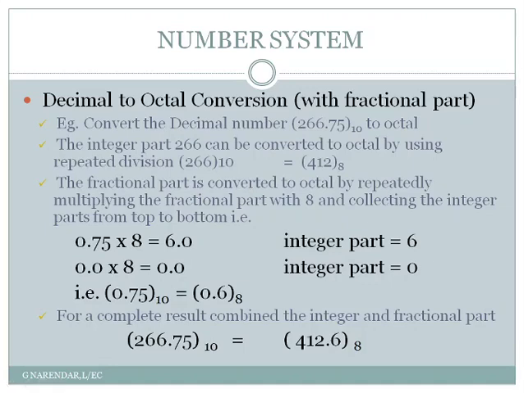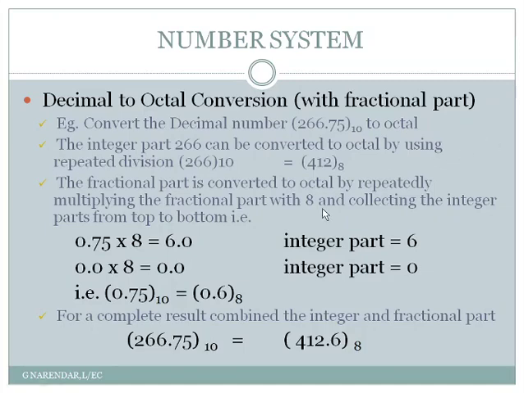To convert this fractional decimal number to octal, take this fractional part and multiply it by 8, and from the result you separate the integer part, and again take the new fractional part, multiply by 8, and again collect the integer part, and so on until your fractional part becomes 0.